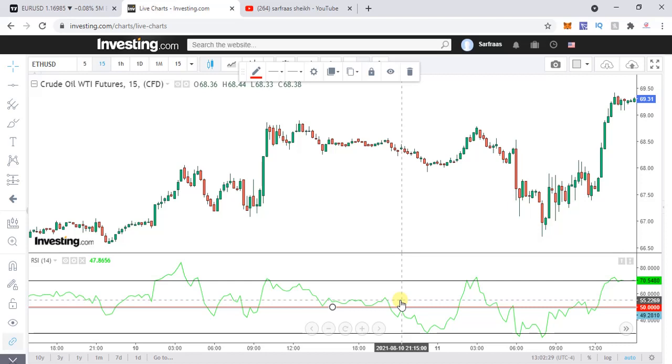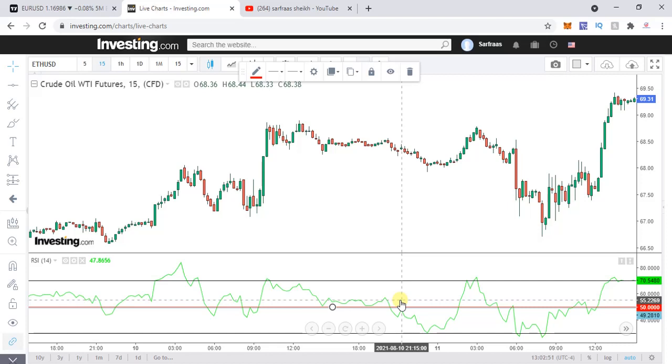But as I have always been stressing, you cannot just rely on one indicator or the candles. RSI in combination with stochastics and probably MACD gives you a very beautiful trading setup. So I've covered the stochastic, the RSI today.